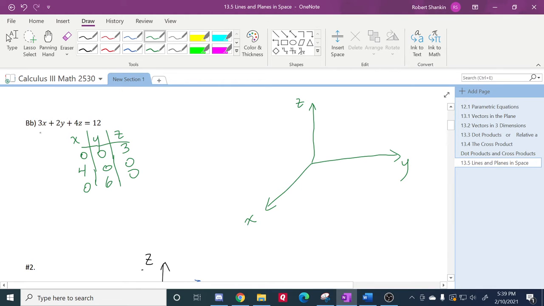And then, when it's a linear equation in a space, it's always 1 dimension less than the space you're in.